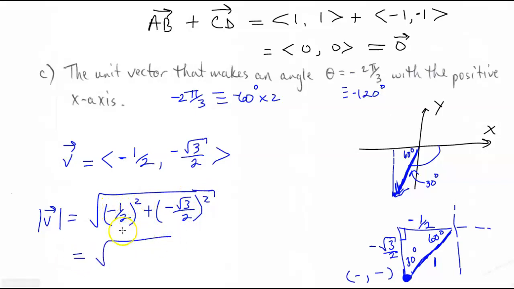Then of course, -1/2 squared is 1/4. Negative square root of 3 over 2 squared will be a positive 3 over 4. And you see how this ends up being 4 over 4, which will just be the square root of 1, which is just 1. Okay, so we see how that works now. All right, let's move on to example number 2.